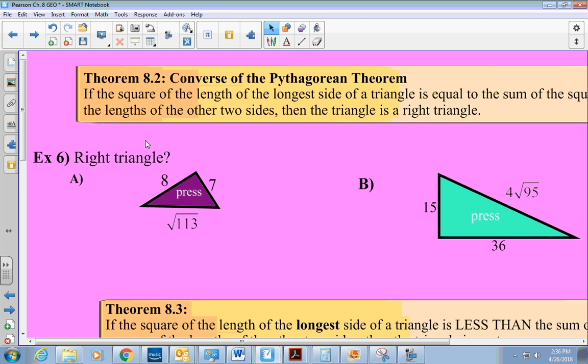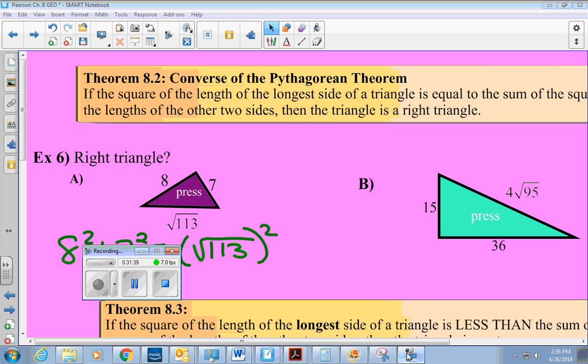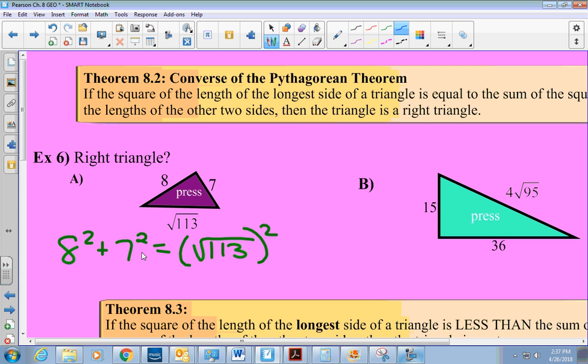So is 8 squared plus 7 squared equal to 113 squared? I'm going to pause and you guys can use your calculator and figure it out. Everybody's already had one turn.